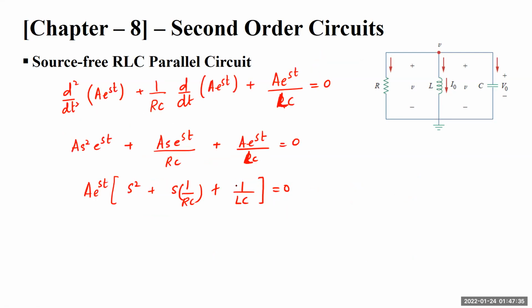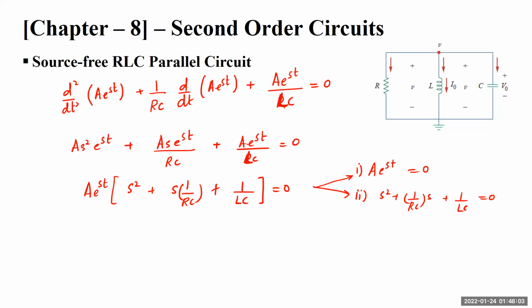So this is our differential equation. It basically shows two things: our first case is that A e raised to the power st is equal to 0, and our second case is s squared plus 1/RC times s plus 1/LC equals 0. So these are the two situations we have. We know that the first is one of the solutions to our second order differential equation.